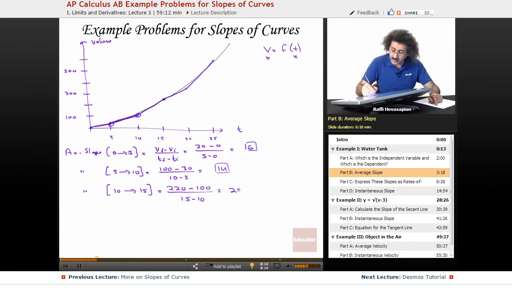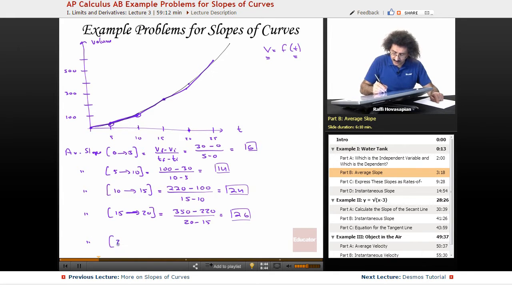And I get a value of 24. The average slope on the time interval from 15 to 20, at 20 the value is 350, and at 15 it is 220. Of course, this is 20 minus 15, and I get 26.